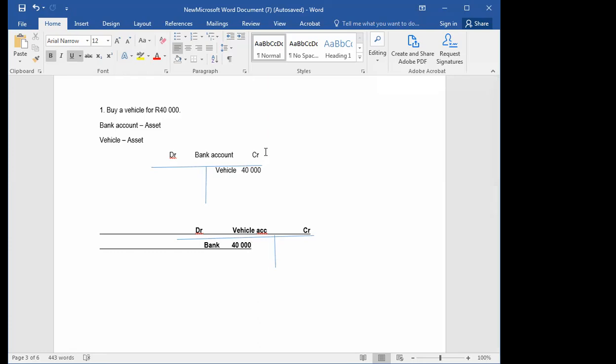I know your first assignment, guys, will be more about theory. You need to be able to define all these elements of financial accounting. You need to define them, and also you need to know how they are divided, such as assets, which I told you are divided into two categories. Then you need to know their types.